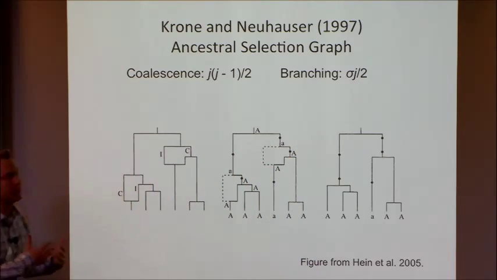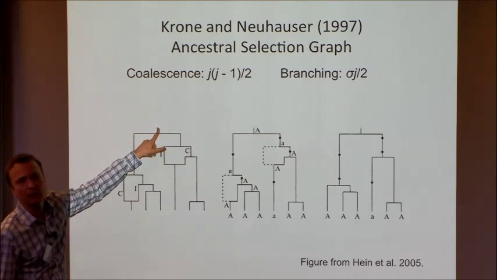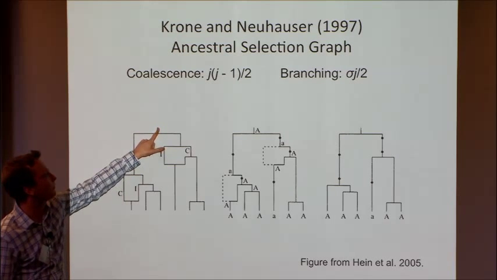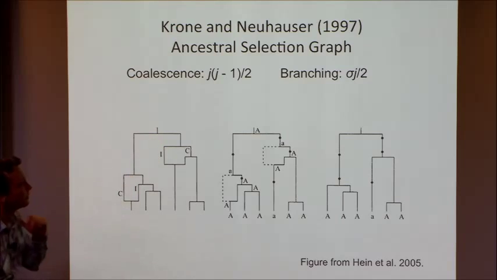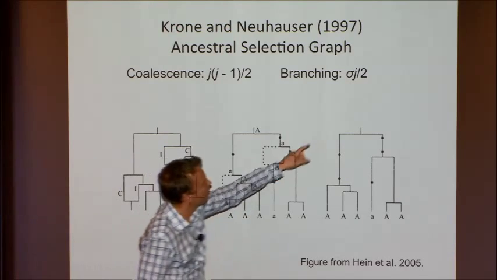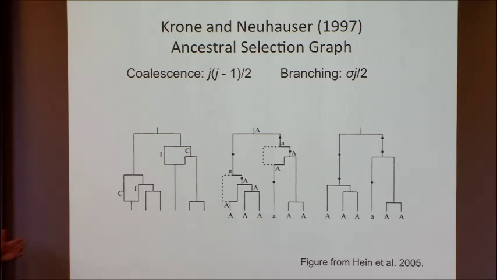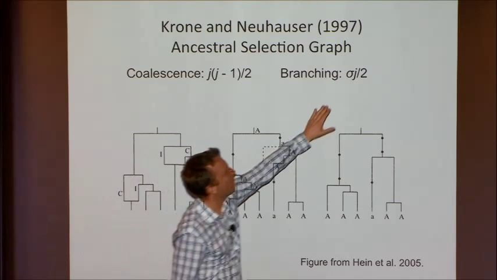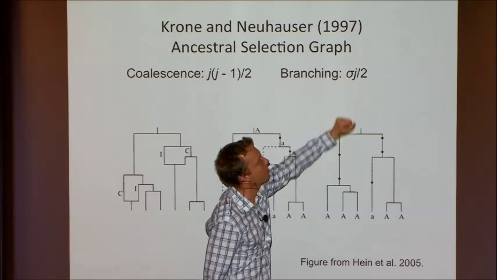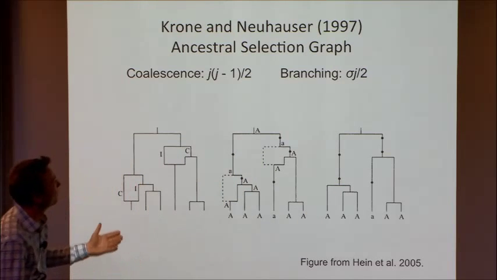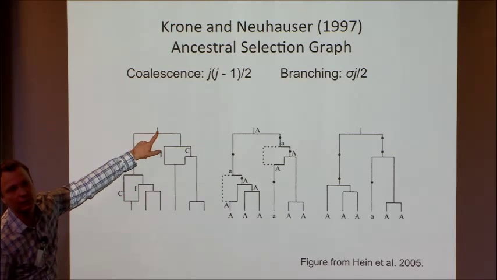So that will guarantee that eventually you'll get to a common ancestor, down to one lineage. But if this coefficient here is high, it can take a very, very long time. Even when you're down to very few lineages, you could still have a high rate of branching, so you will have to wait a very long time until you're back to just one lineage.